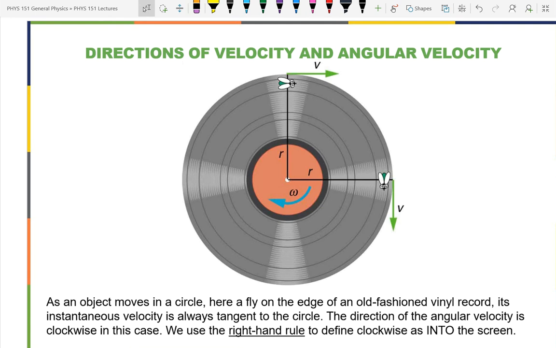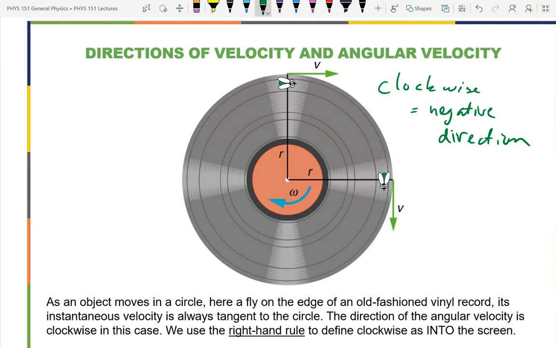So the right-hand rule, clockwise, was into the clock. And we call into the clock the negative direction. So it turns out that clockwise is negative. If you define x's out, that would be negative x. What would one-dimensional rotation mean?